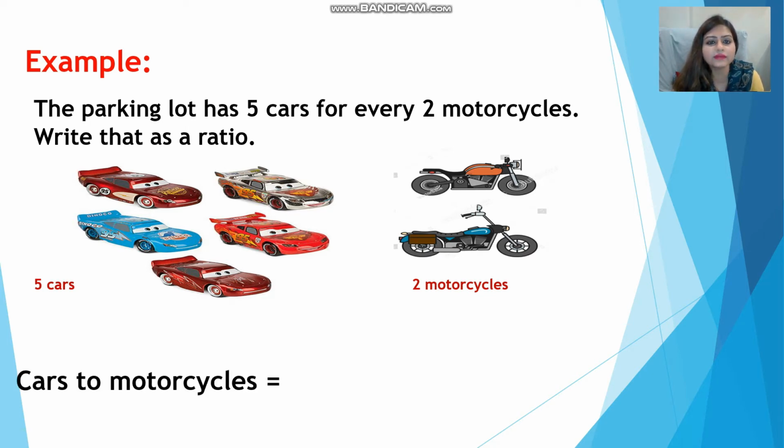We will write cars to motorcycles. Why? Because order matters a lot in ratios. In this question, cars are written first and motorcycles second. So we will write cars to motorcycles, which is 5 to 2. And we can also write it in colon form, 5 colon 2, and fraction form, 5 over 2. And always remember about order.